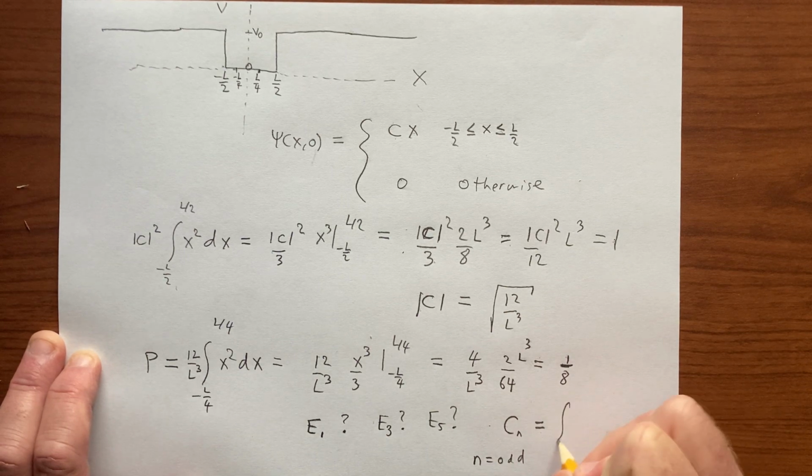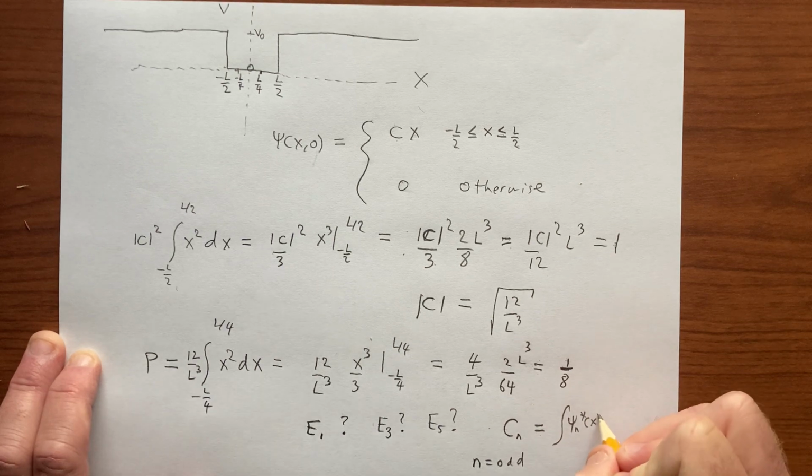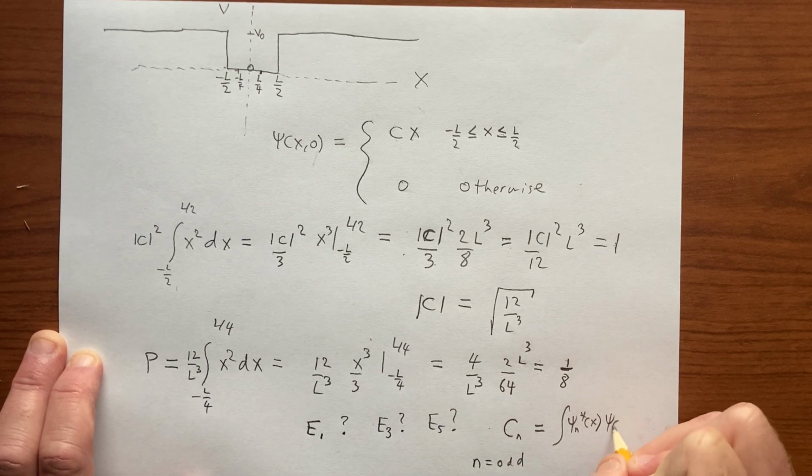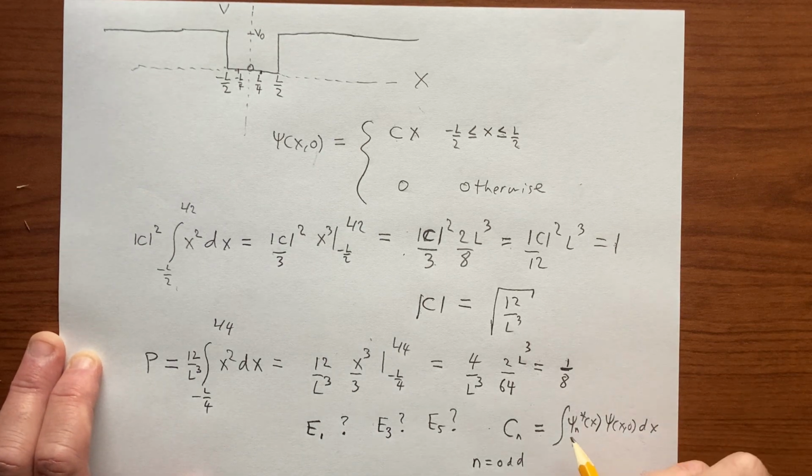This is going to be psi n star of x times psi of x 0 in dx, and these are all even functions, and so because this is an odd function, it's an overall odd integral.